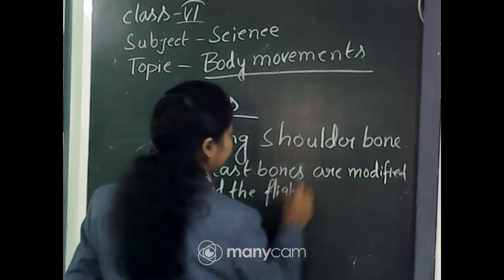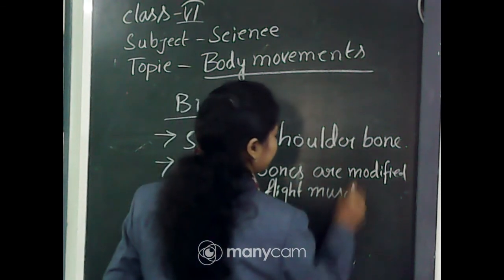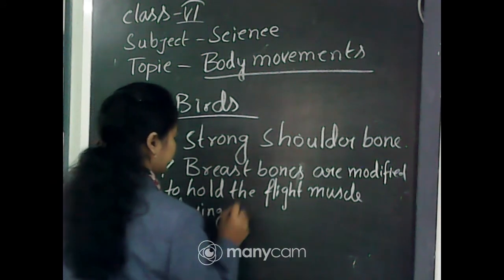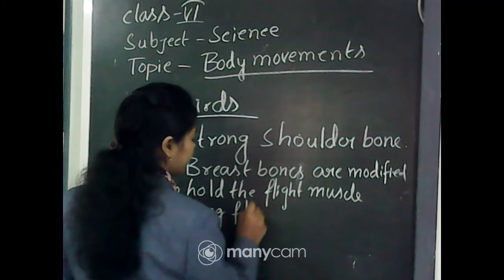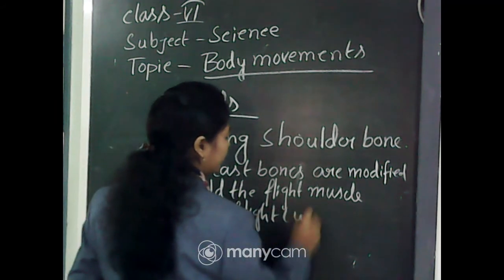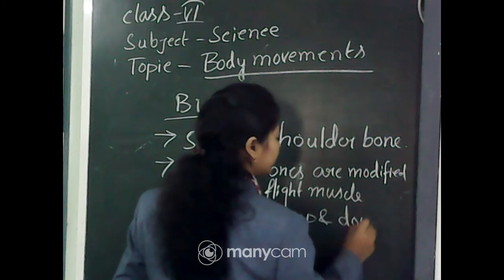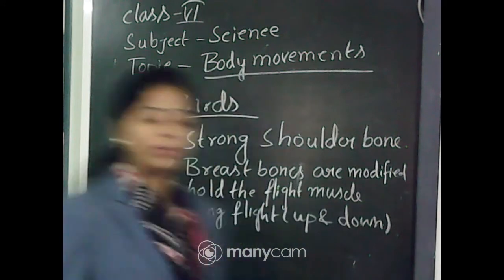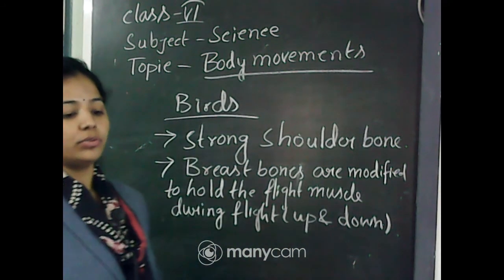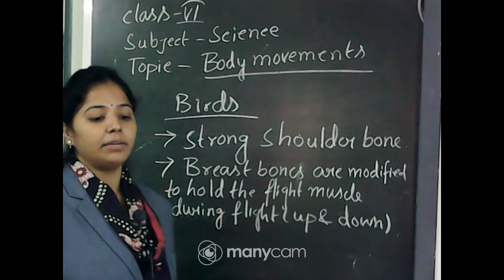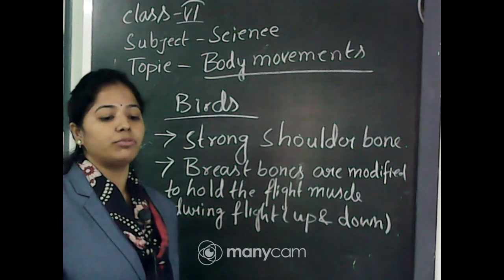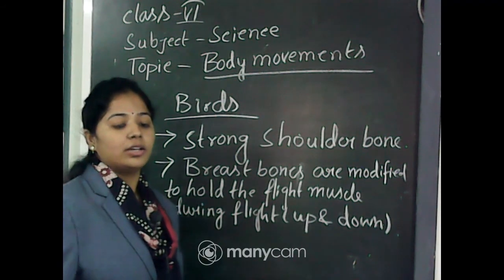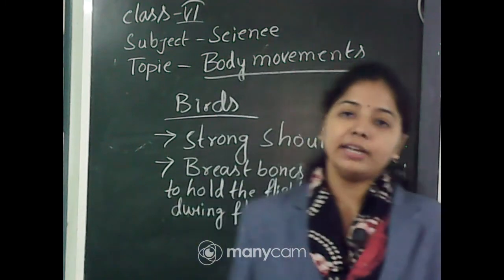As you know, they have flight muscle during the flight, meaning up and down, and also for their movement. So I hope you understood the main functions of the skeleton in birds, that enables them to fly and enables their movement. I hope you understood how movement in birds takes place.